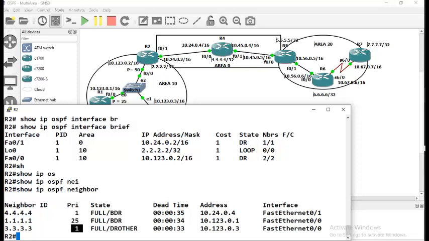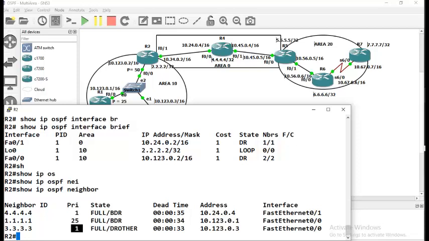It is because router 4 was configured very late after router 2. We configured router 2 first, and then we went to router 1, router 3. By the time, router 2 was already configured and router 2 had declared itself as DR, just a few minutes before we enabled OSPF in R4. So when R4 comes online, it sees the DR already.